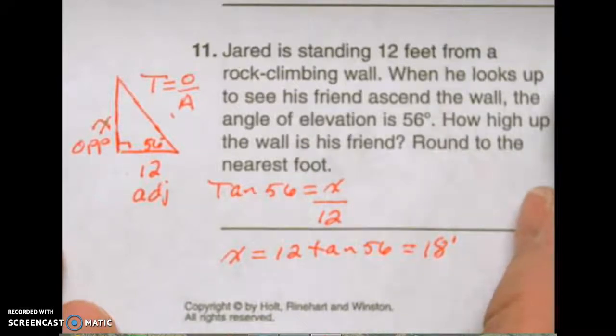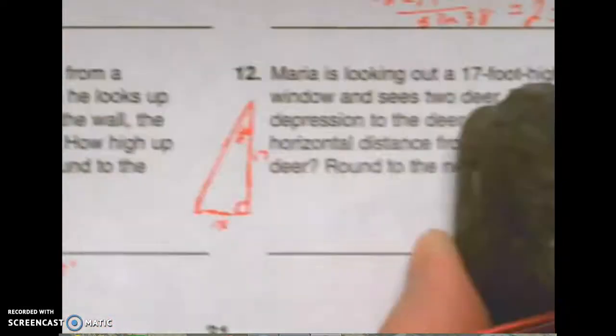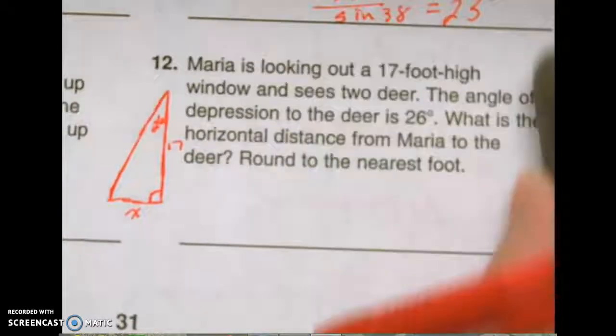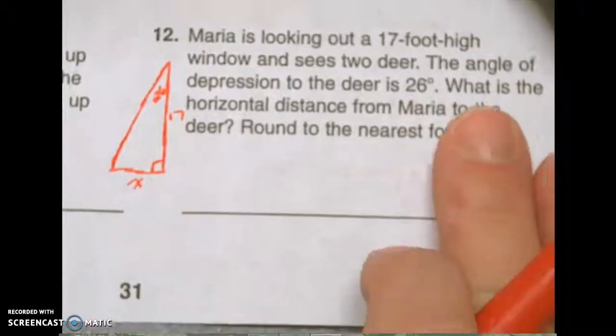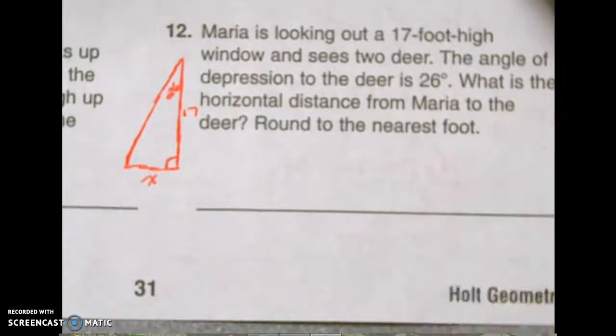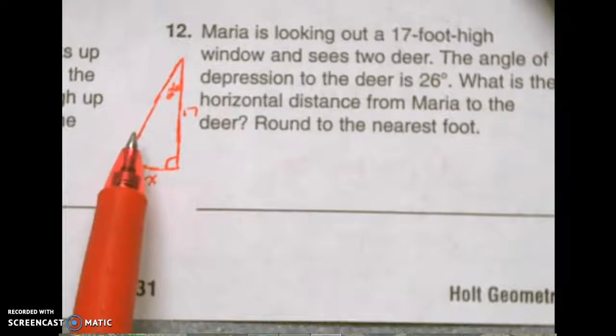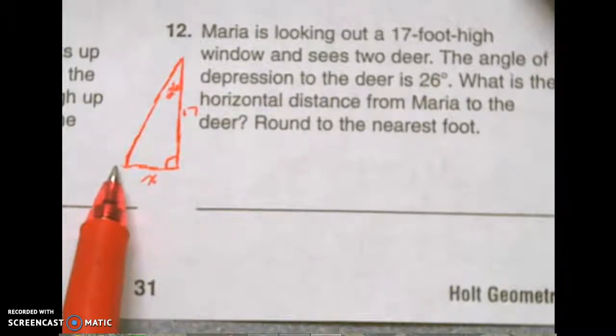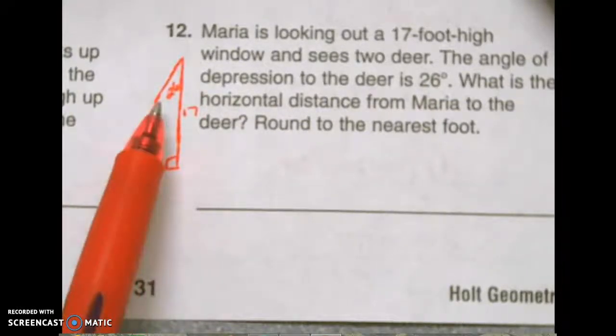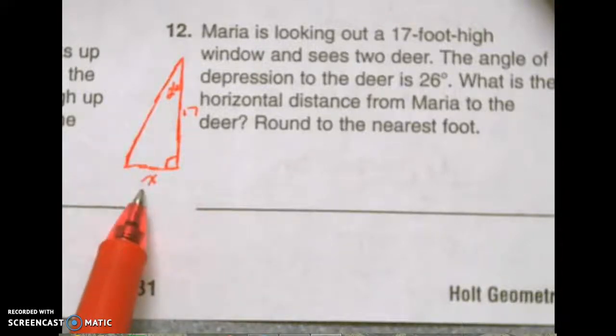The last question that I have, question number 12. Maria is looking out a 17-foot high window, so she's 17 feet up. She's looking out a window and she's seeing two deer. The angle of depression is 26 degrees. They want to know what is her horizontal distance from the deer.